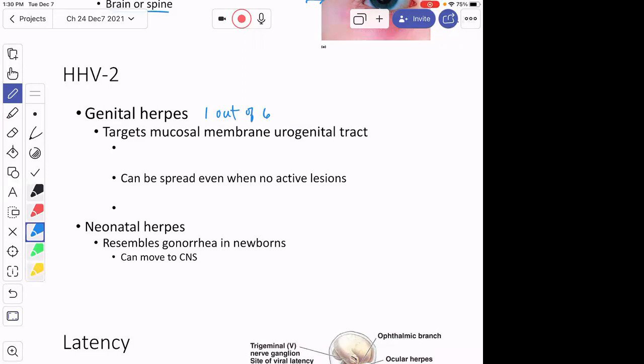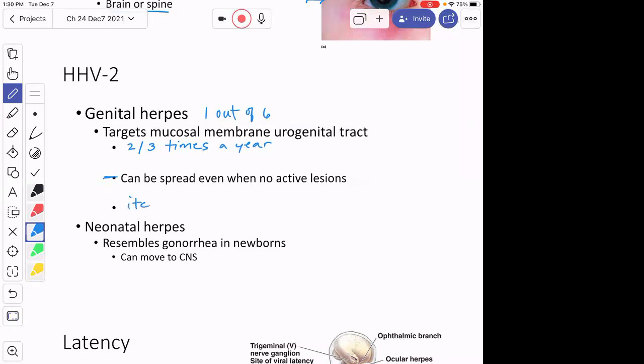People that are infected may have outbreaks maybe 2 to 3 times a year, most commonly, but some people have them as often as every 2 or 3 weeks. So it just kind of depends. It can be spread even when there are no active lesions, although less commonly when the lesions are not out.